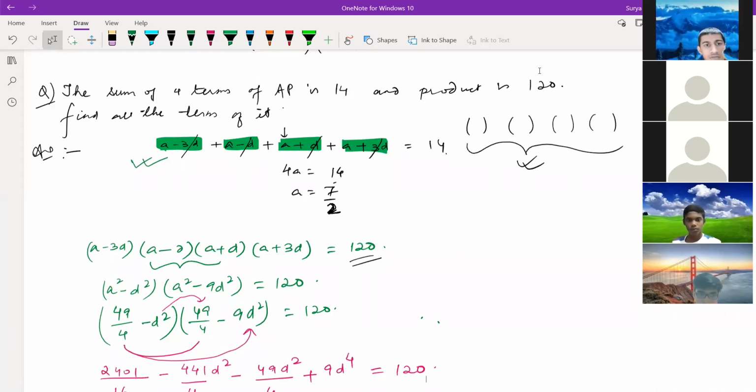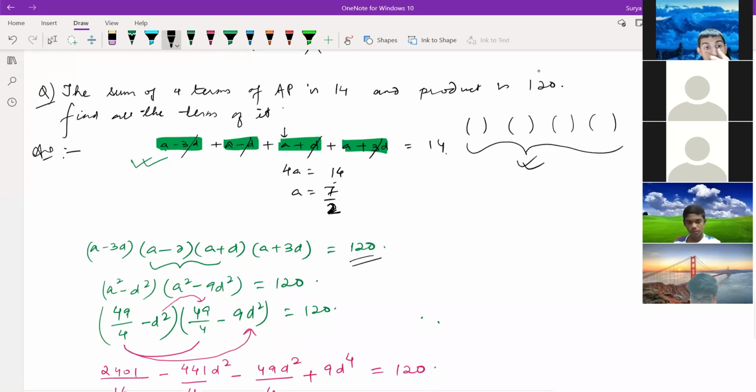We'll get the final answer. I have taken like this only. The 14, 4A by 14. 120 should be there. Answer is 2, 3, 4, 5.